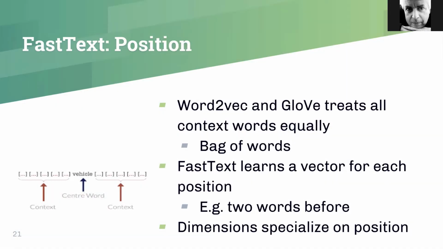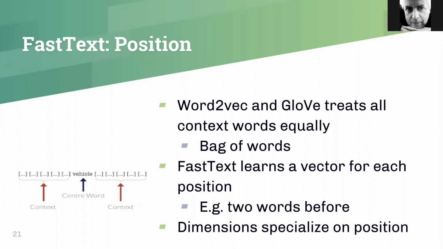Approaches like Word2Vec and GloVe treat all context words equally regardless of order. This bag of words approach to natural language processing omits valuable information and hence cannot reflect the nuances of syntax. FastText solves this by additionally learning a vector for each position in the context, representing one word before, two words before, and so on.